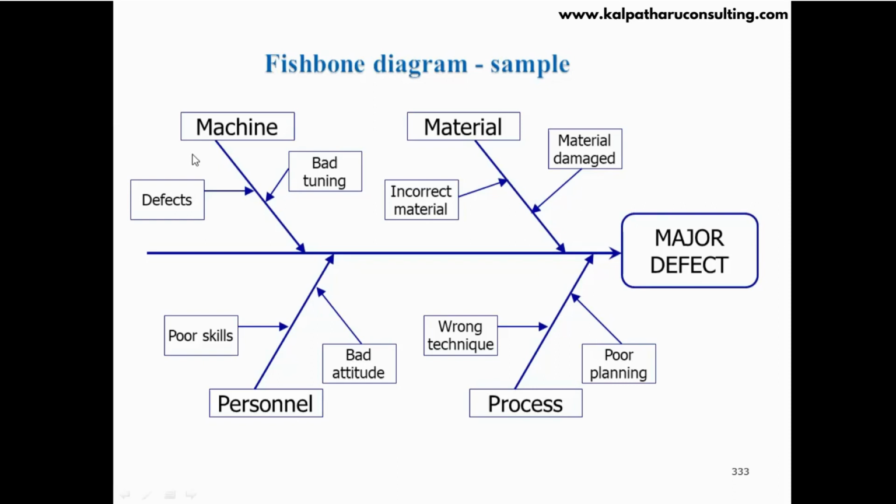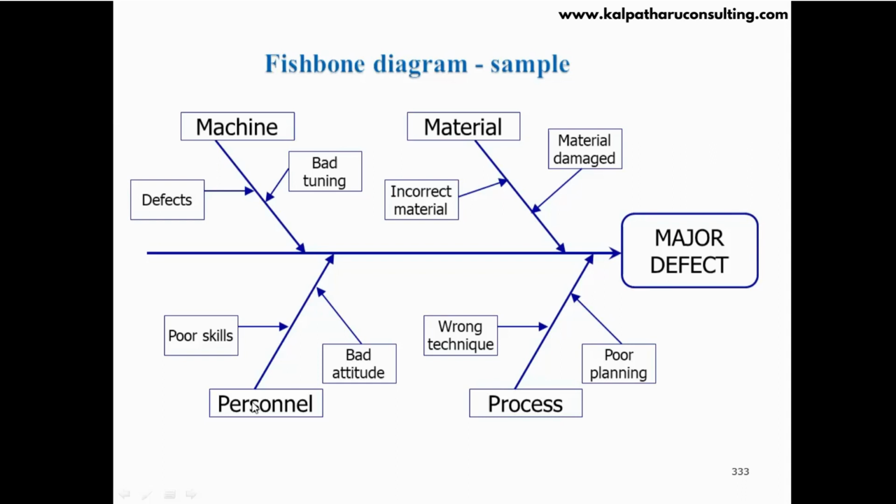Now you may ask, based on machine, what can be the various reasons contributing to the defect? Somebody may say maybe there is bad tuning, or a defective machine was used.